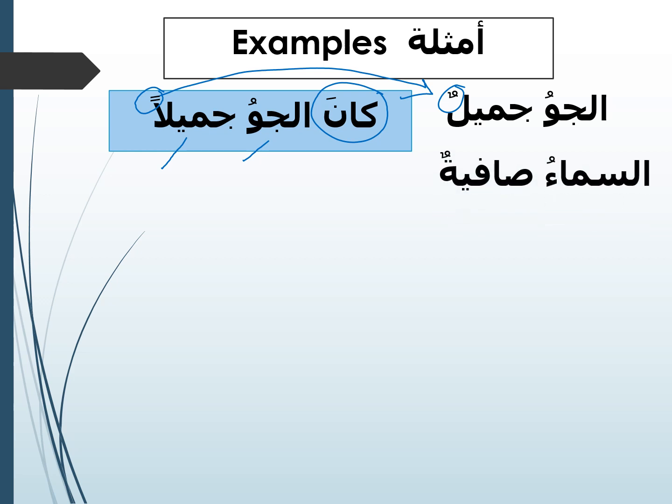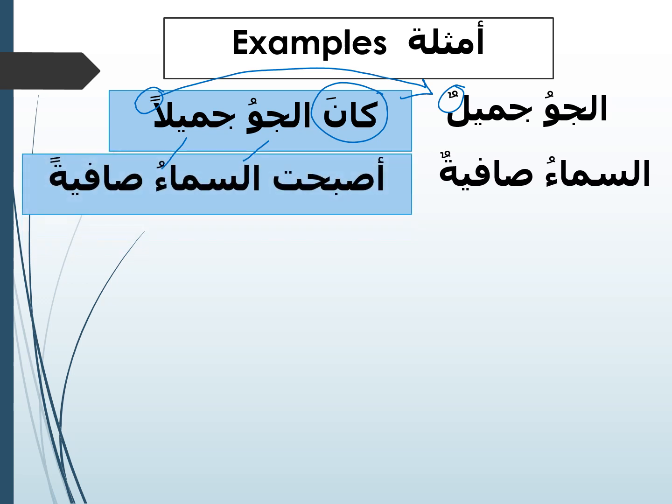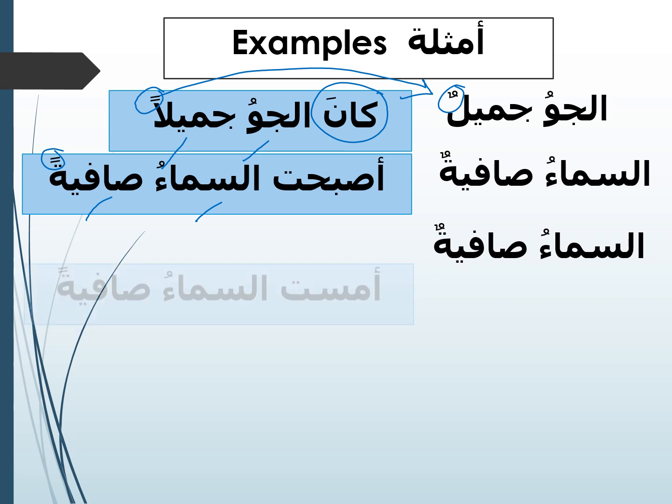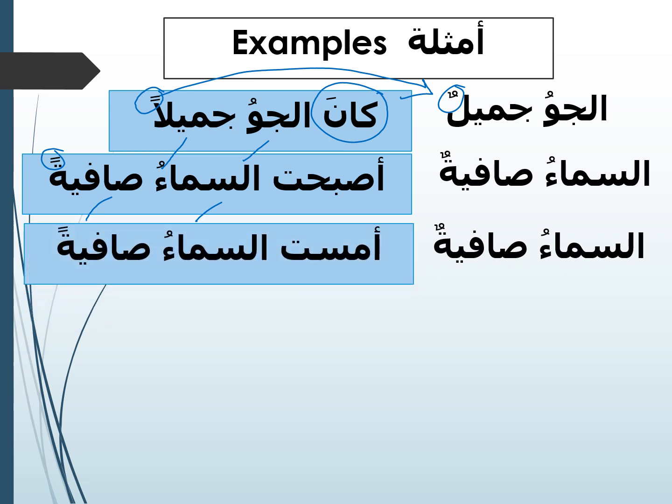The sky is clear. أصبحت السماء صافية. The sky became صافية, clear. اسم كان خبر كان. السماء صافية. أمست السماء صافية.